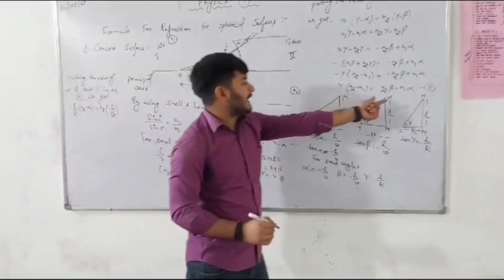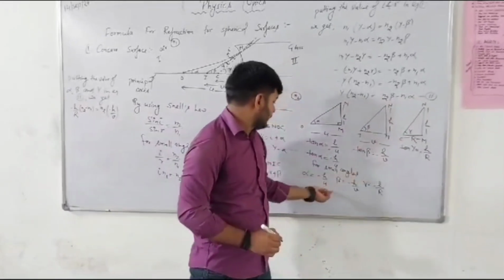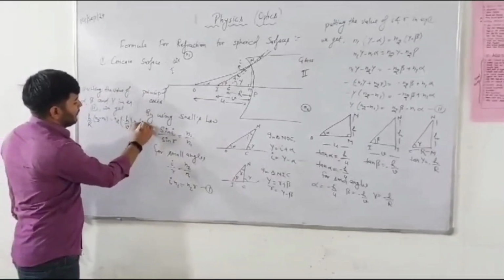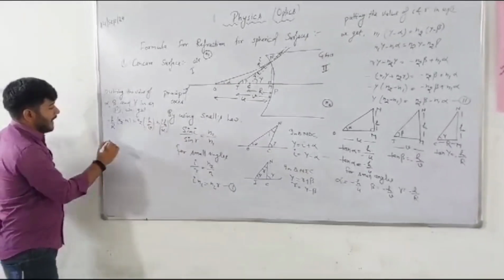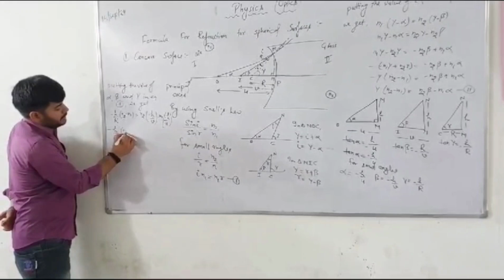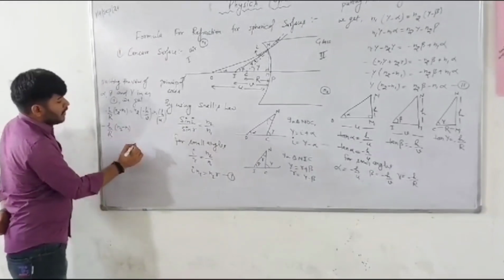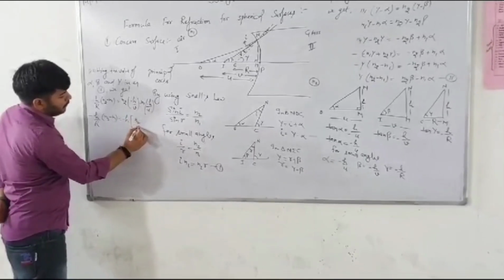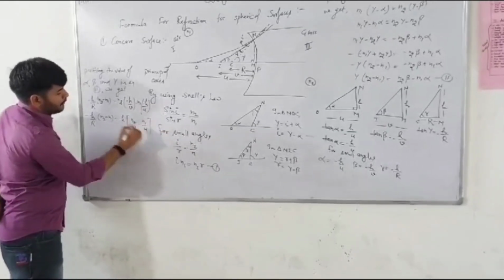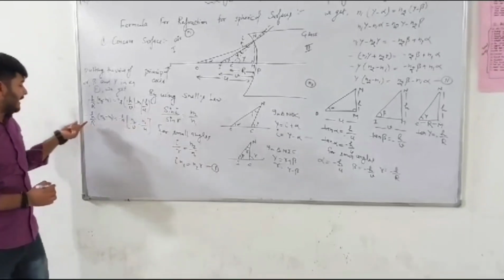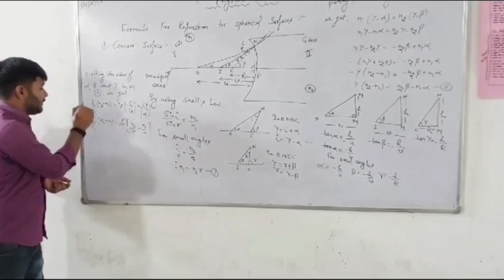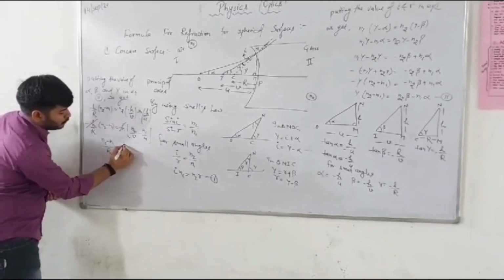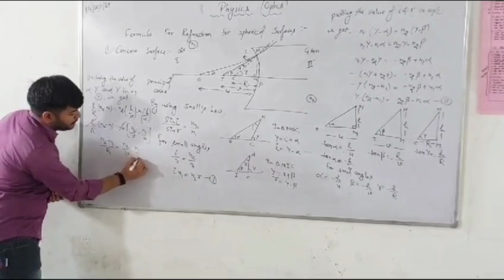Next is minus N1 times alpha, and the value of alpha is minus h upon u. Putting the values, we get minus N1 times minus h upon u. Since we have minus h upon r times N2 minus N1, we can take minus h common, so we get N2 upon v minus N1 upon u. Look at this: minus h is here, minus h is here, we can cancel out this minus h with minus h. And we get N2 minus N1 upon r equals N2 upon v minus N1 upon u.